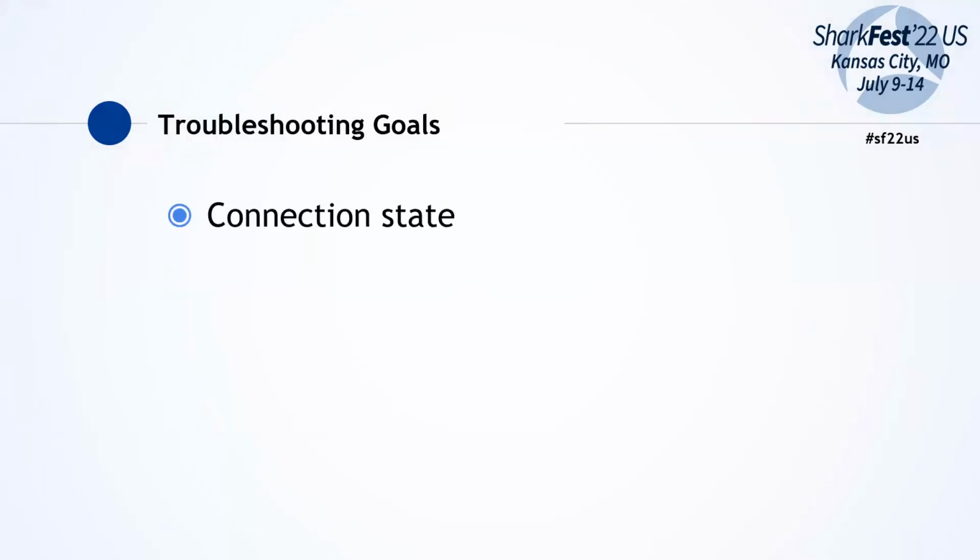Okay, so troubleshooting goals are usually, from my experience, there may be a few more, related to 2 things. The first of them is connection state, which means a connection cannot be established. So you're trying to get an application running and somehow it doesn't work because you cannot get any kind of connection.